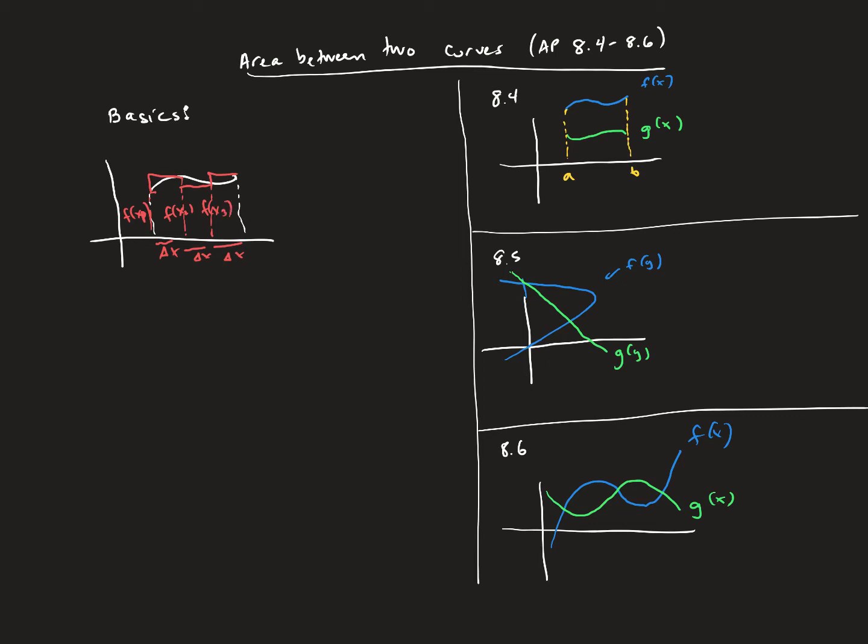And then we found the area was approximately the sum of those, which we turned into a sigma. In this case, it goes to 3 of f of x sub k, delta x.